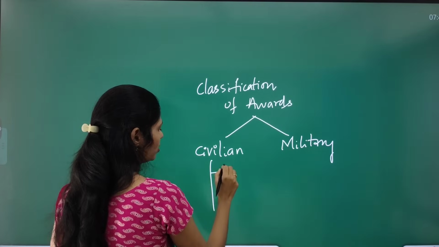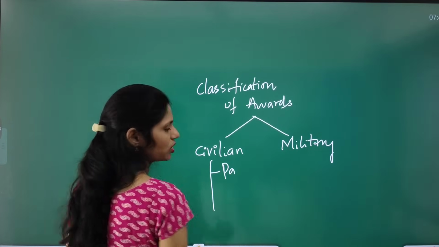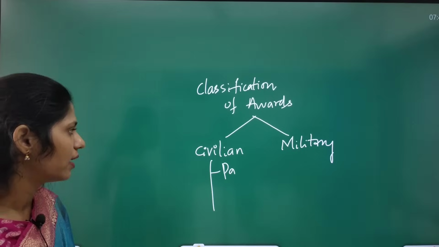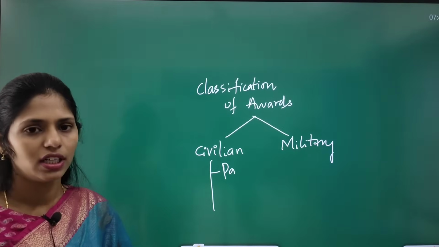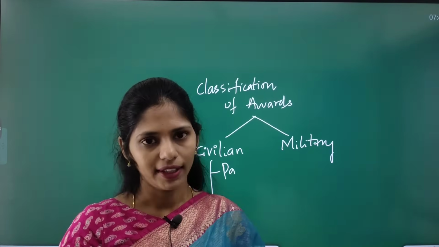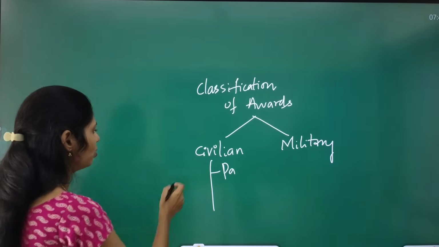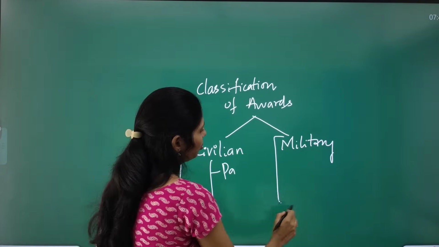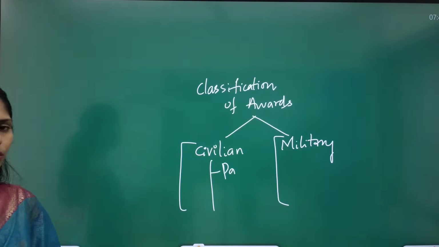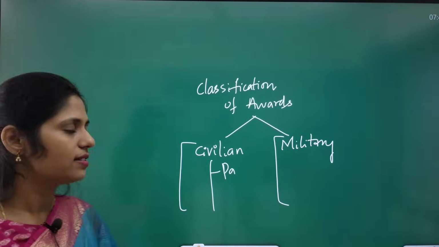In civilian awards we have Padma Shri, Padma Vibhushan, like that, and in military awards we have Arjuna award, like that. So you have to see which category an award is, who presents it, and during which time. Okay, so that's it.